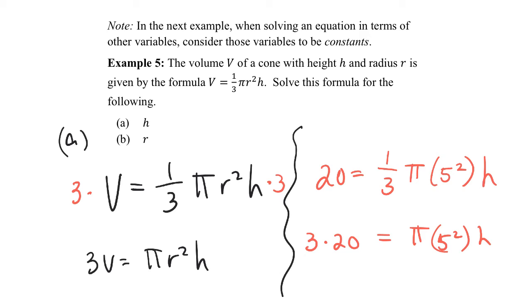I want you to see the analogous nature of what we're doing. This is with numbers. This is with variables. It's the exact same problem. Pi r squared h, pi r squared h, 3 times the volume, 3 times the volume. Why did you multiply 3 by h on the top?